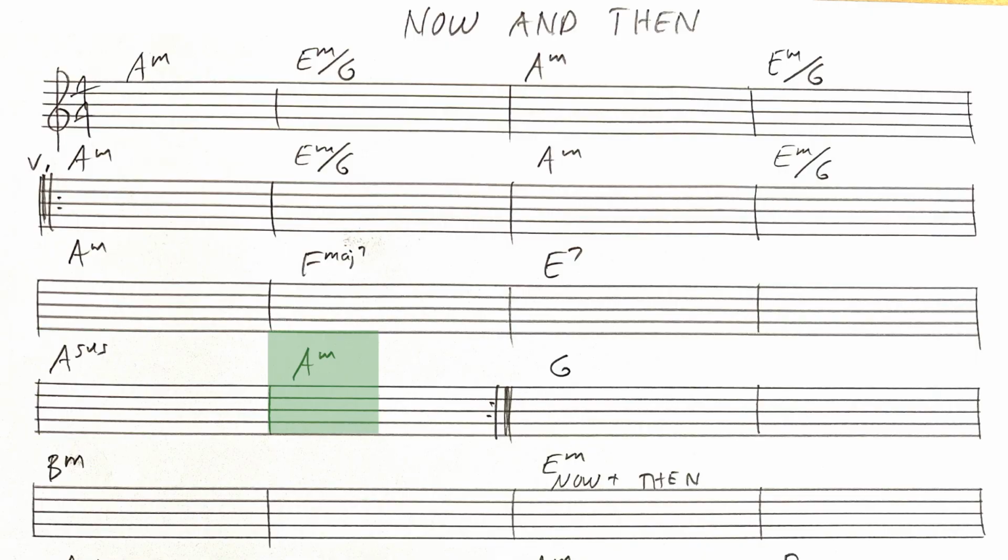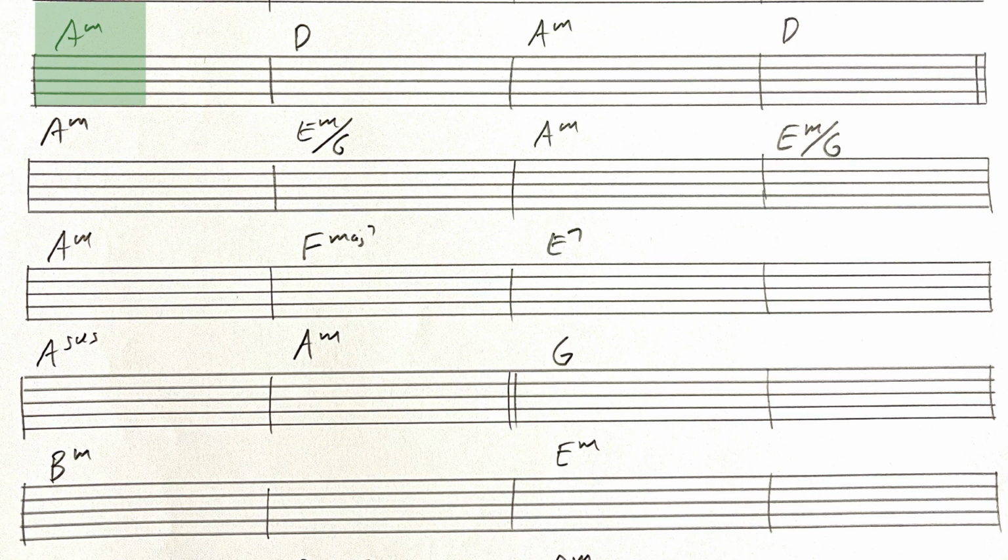Now we go into the second section. This is where we get the now and then. But now we have a surprise chord. This is very much what Lennon would do. And then another minor chord. And then another minor chord.